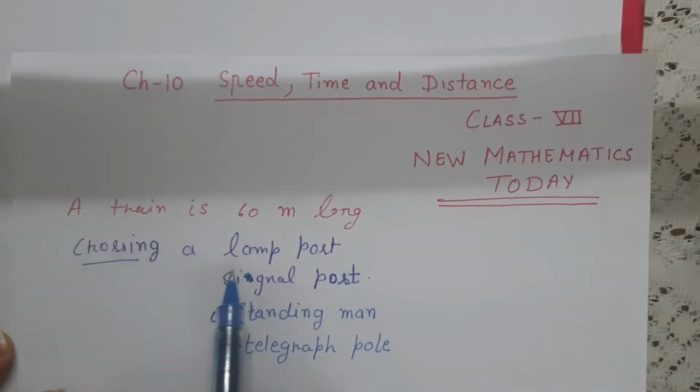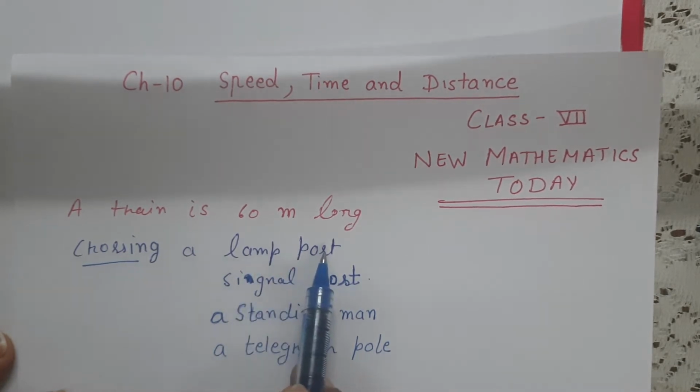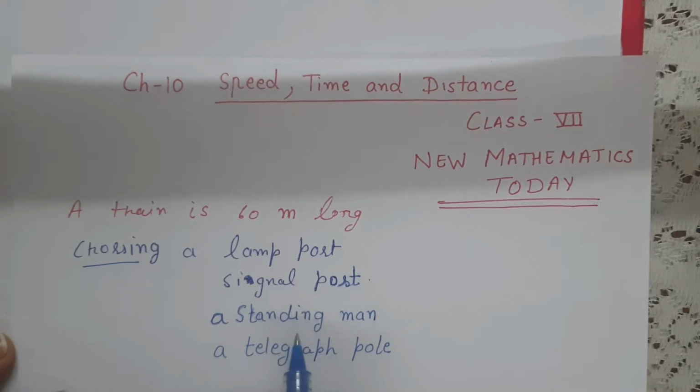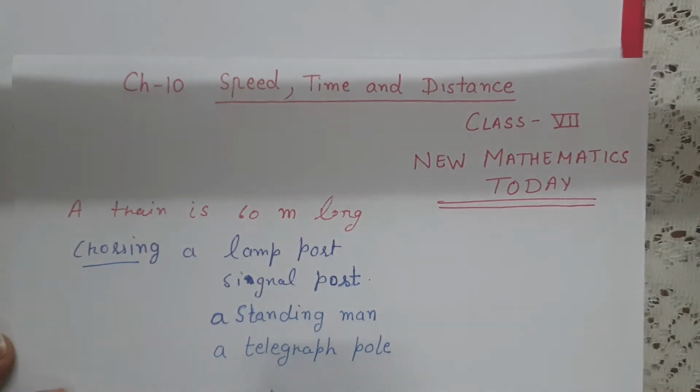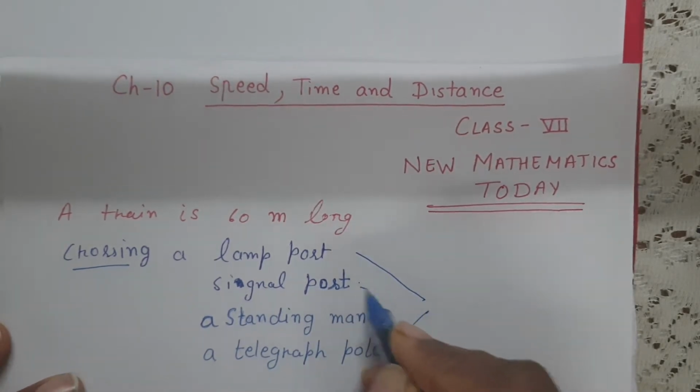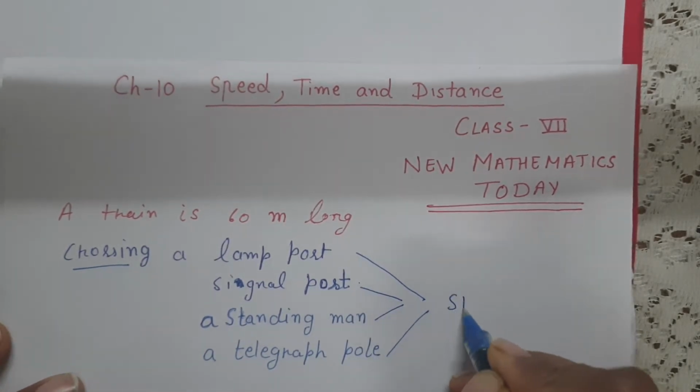Suppose a train is 60 meter long and crossing a lamp post or signal post or standing man or a telephone pole. It means a stationary object. These are the stationary objects.